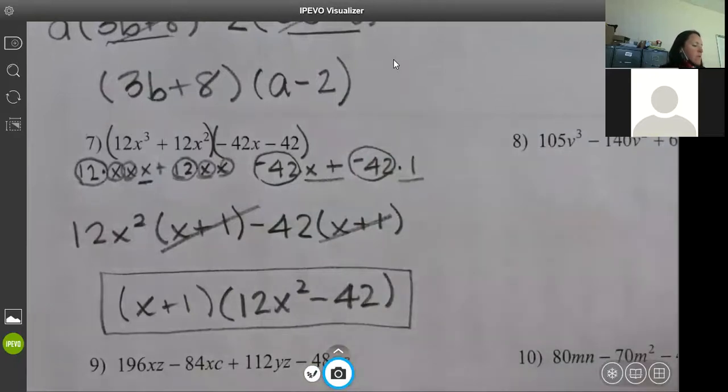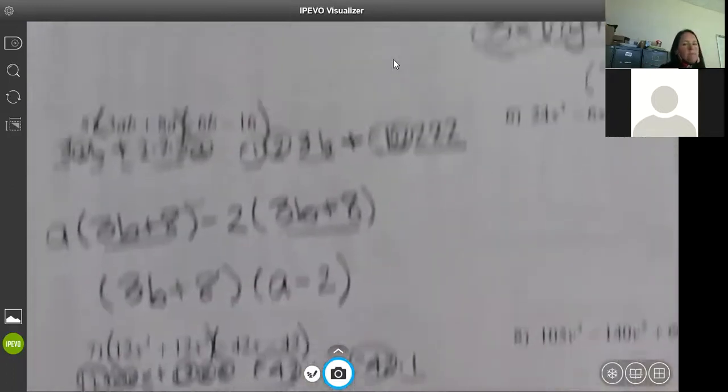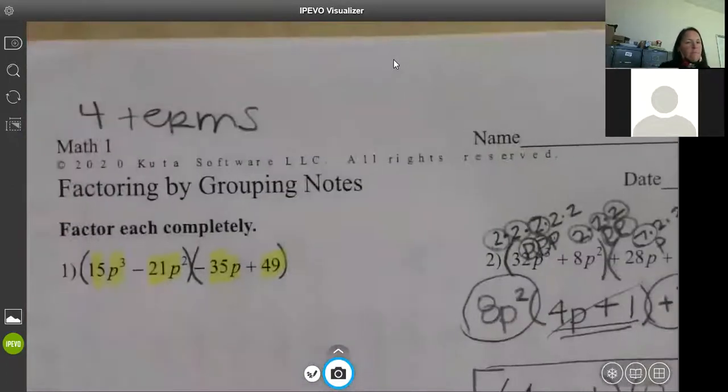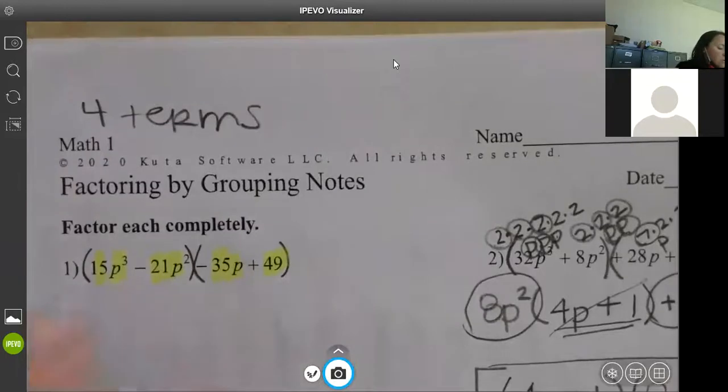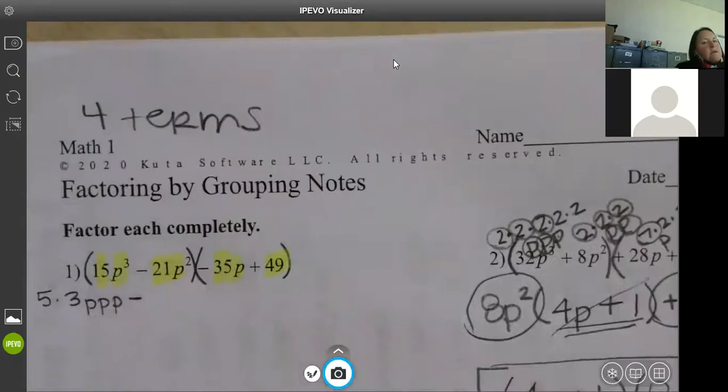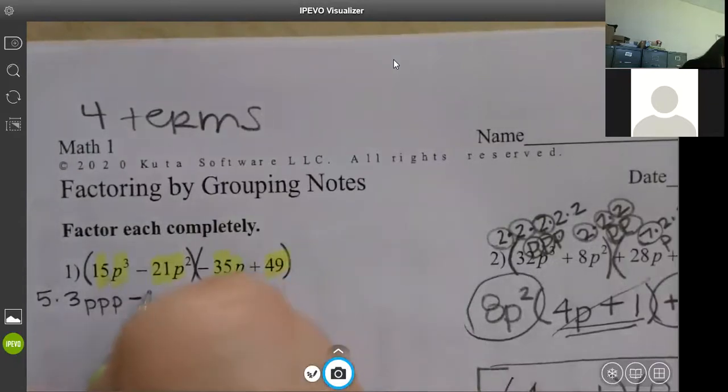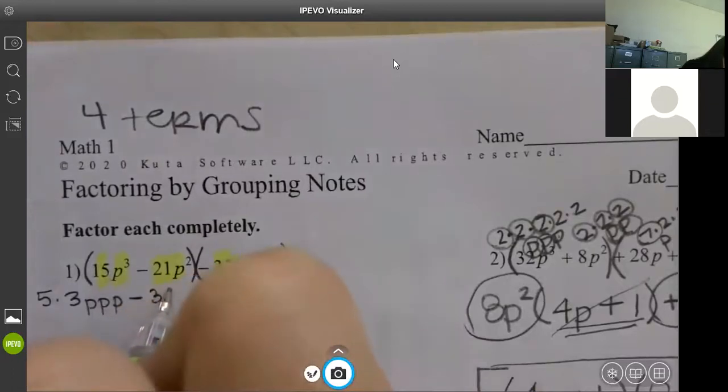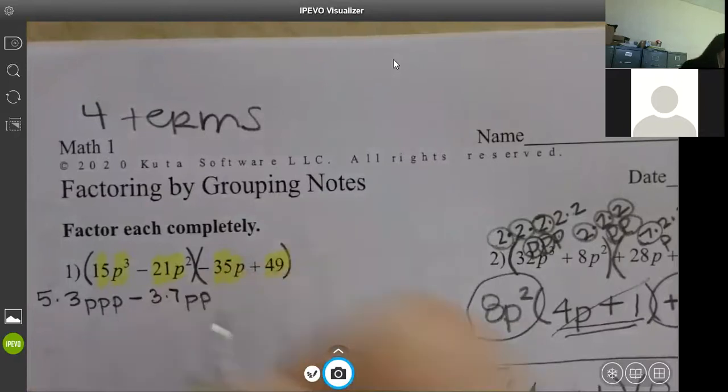All right. I'm going to go back to number 1 now. Back to number 1. What are your factors of 15? 5 and 3, and I have 3 p's. I have a minus. What are your factors of 21? 3 and 7 and 2 p's.